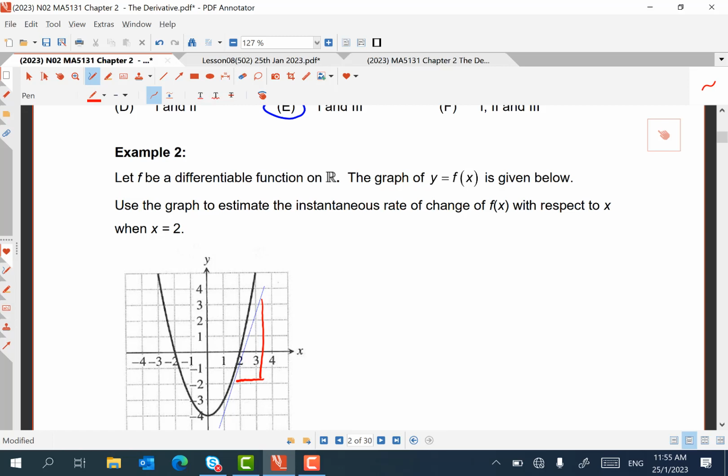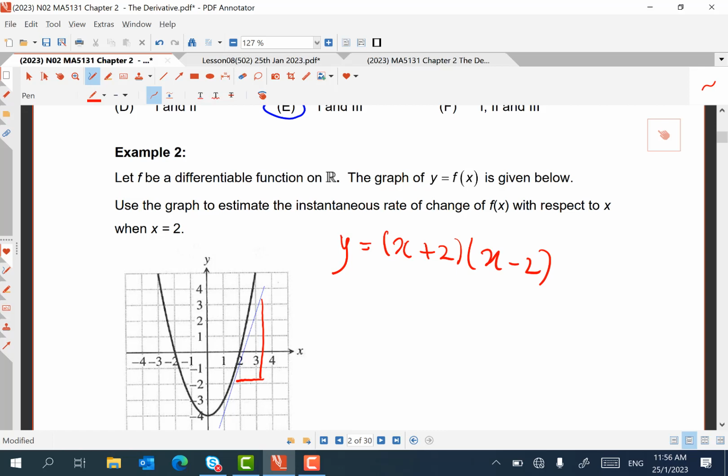But nevertheless, is there someone who can offer me an answer to this? You can use the local linear. Some people cheated. They say, Mr. Lim, this function is actually like that. Someone says they can write down the equation and then use differentiation. If you do it that way, you are second guessing the equation of the function.